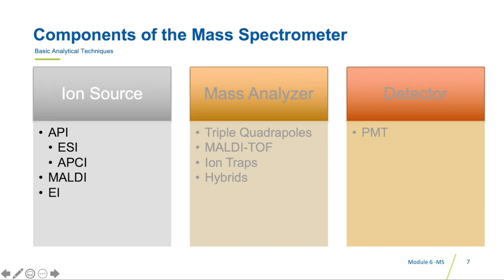Matrix-assisted laser desorption ionization, MALDI, is a technique that uses a laser beam to lift chemicals from a solid surface and produce ions. Finally, electron ionization, EI, is based on the use of an electron beam to cause ionization. Let us review these techniques in some more details.